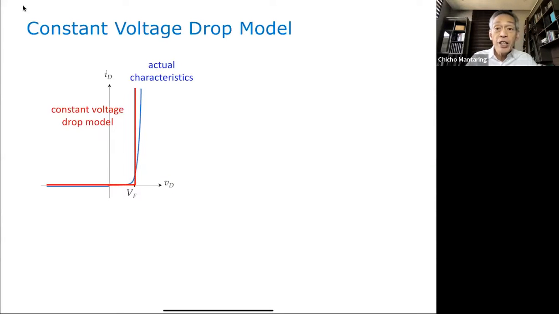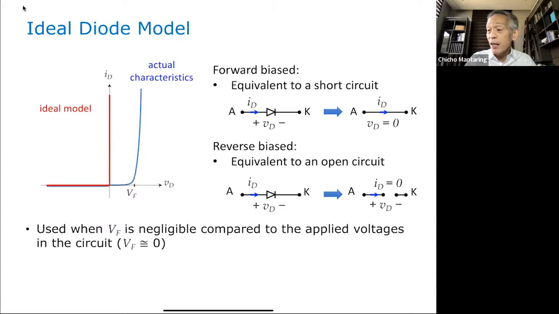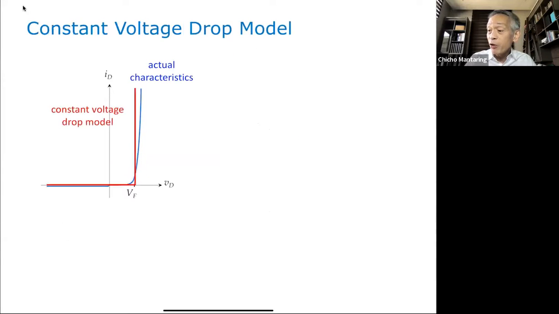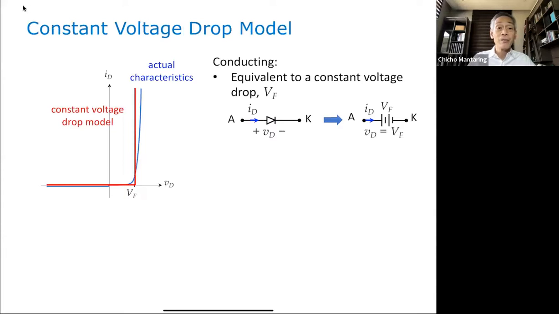So again, we have two regions of operation. But this time, our regions of operation are not going to be forward biased and reverse biased. This time, they are going to be conducting and not conducting. So that's where the distinction comes in. Before we said forward biased and reverse biased, but here we're going to say conducting and non-conducting.